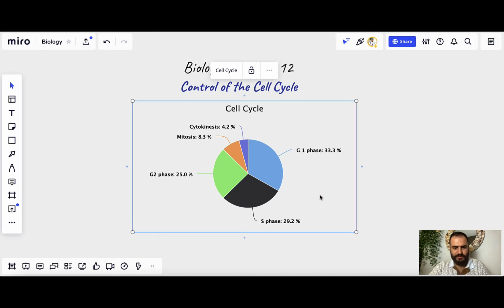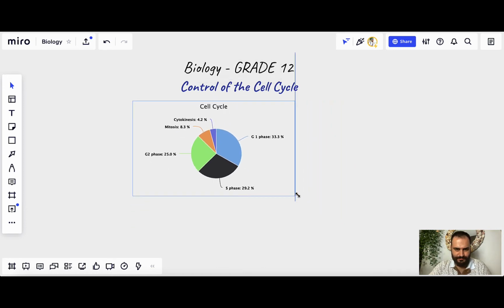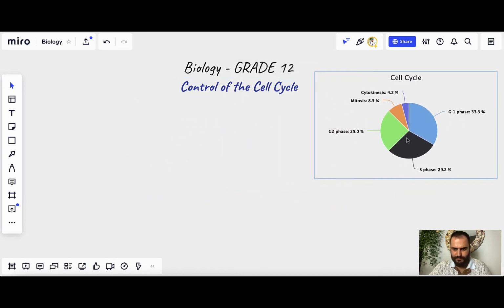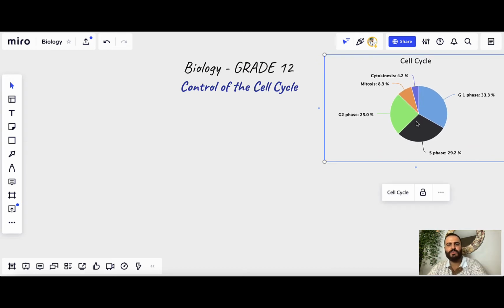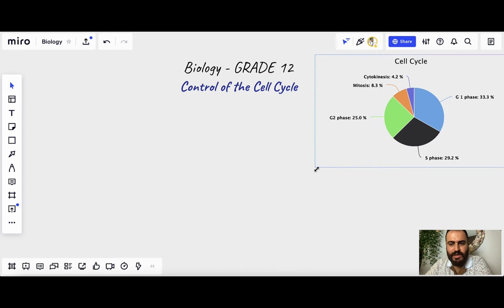So I will keep this aside, because when we speak about control of the cell cycle, it will happen at different phases, at different levels of the cell cycle. So let's start speaking about the control of the cell cycle.